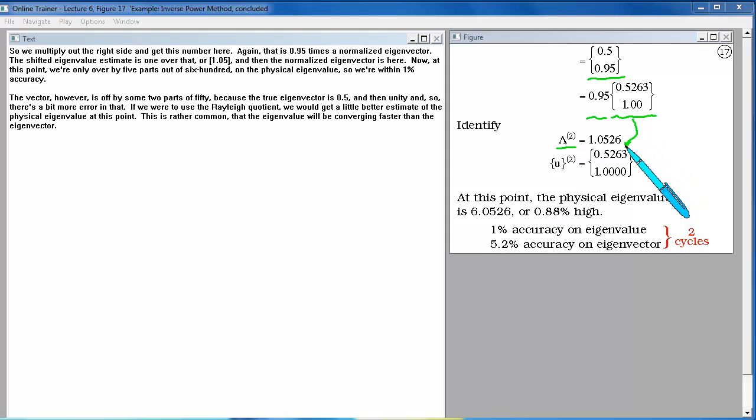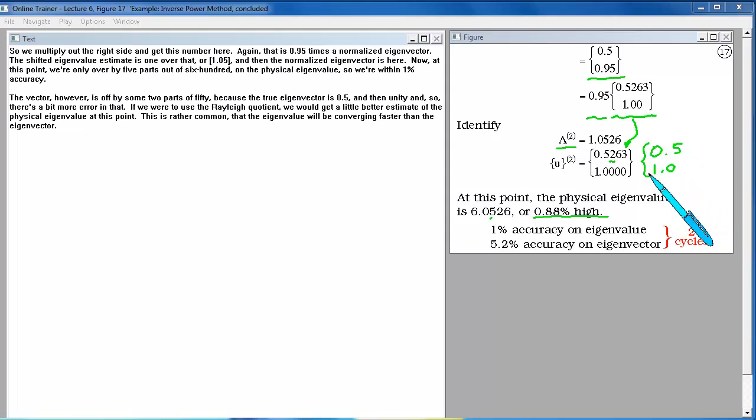Now at this point we're only over by 5 parts out of 600 on the physical eigenvalue, so we're within 1% accuracy. The vector, however, is off by some 2 parts in 50 because the true eigenvector is 0.5 and then unity.